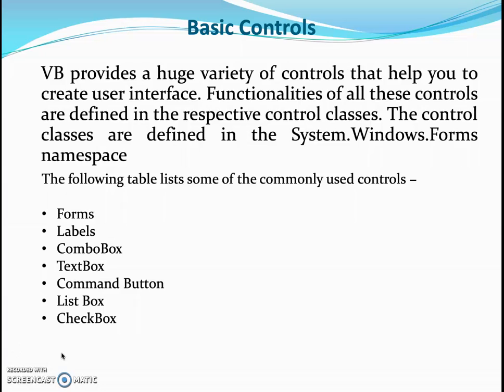The following table lists some of the commonly used controls: forms, labels, combo box, text box, command button, list box and checkbox. These are some of the important or basic controls which we use daily in Visual Basic for simple applications.